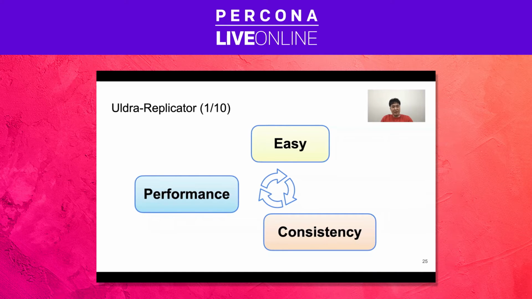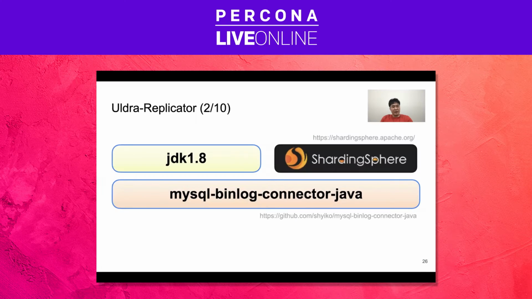Uldra-Replicator targets three items: easy, performance, and consistency. Uldra-Replicator is a Java program, and binlog parsing is done with the MySQL binlog connector Java library. And in the sharding processing part, ShardingSphere is used.